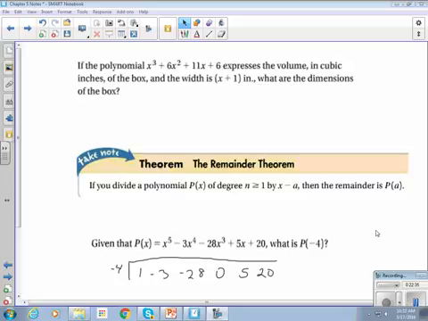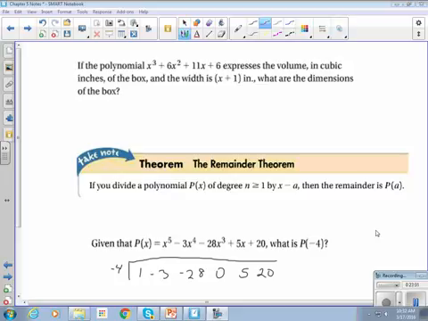This is a word problem, and we know the volume. So we're going to divide our volume by our width, and then hopefully factor that polynomial so we can get the height and the length out.